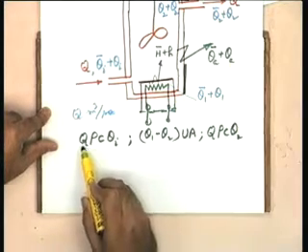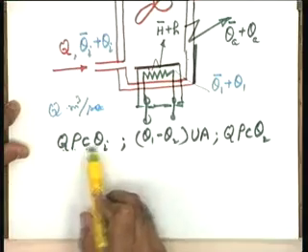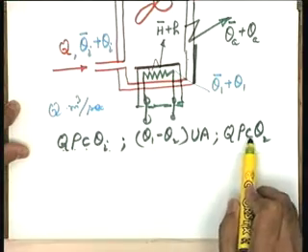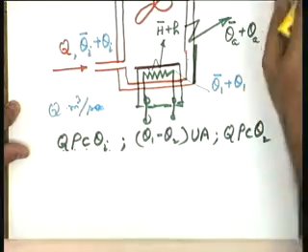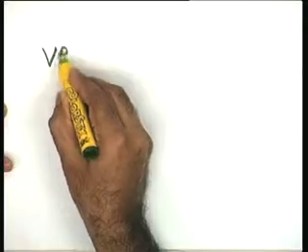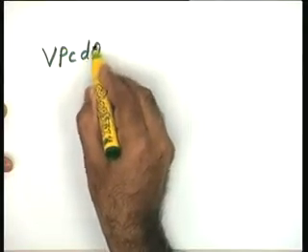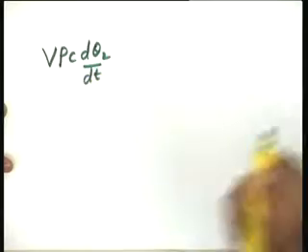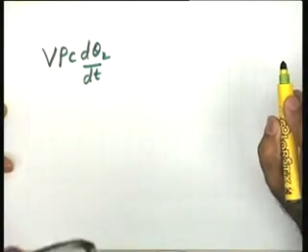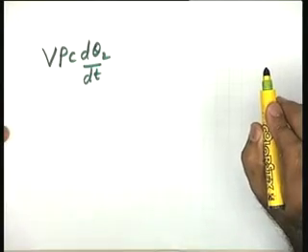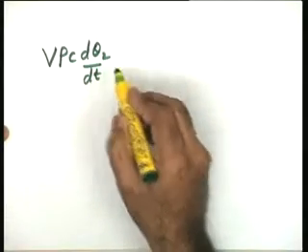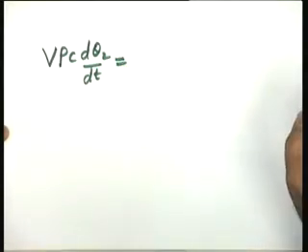Now, if you see that Q rho C theta I and Q rho C theta 2, these are the terms which give the heat carried away through the liquid, and therefore, now I can write the heat balance equation. What is the heat balance equation? V rho C d theta 2 by dt, the rate of heat storage, the perturbation, I am again repeating, it is the perturbation in the heat storage, it will be joules per second. This is equal to the source.